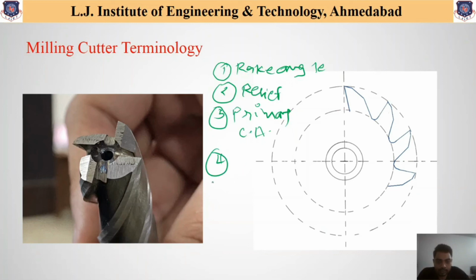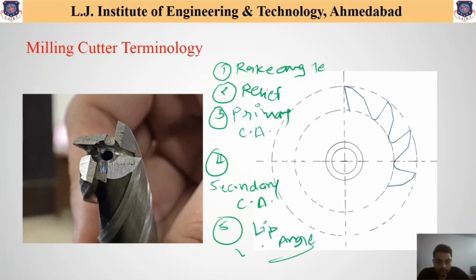Fourth is the secondary clearance angle. Fifth is the lip angle. So these are the major important angles from a milling cutter point of view.